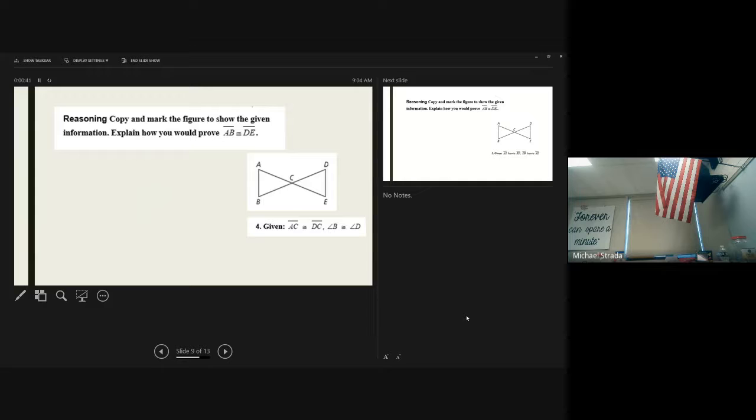Now, the easiest way to do it, because we have intersecting lines, is what kind of angles? Vertical angles. Vertical angle property.